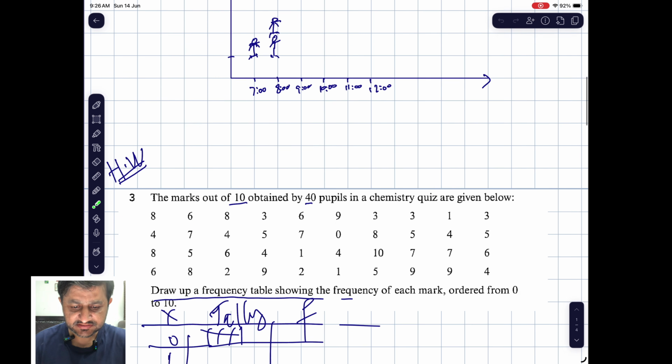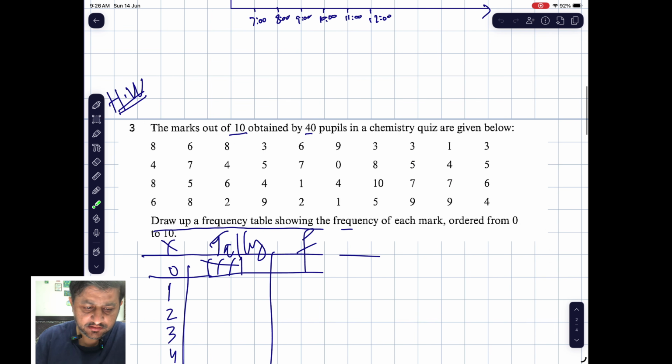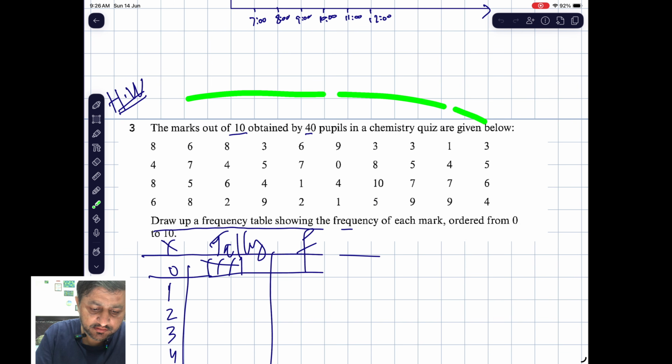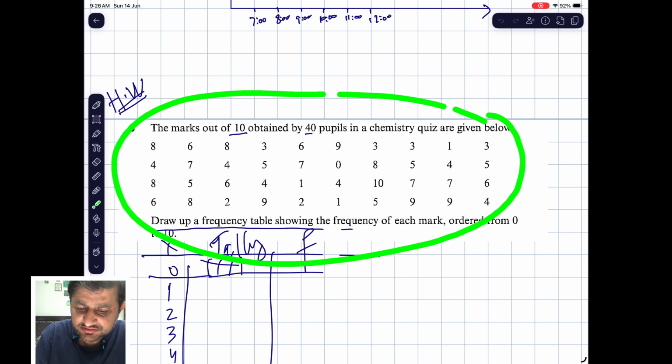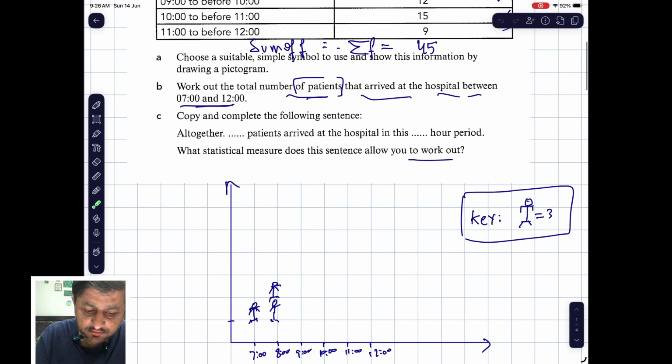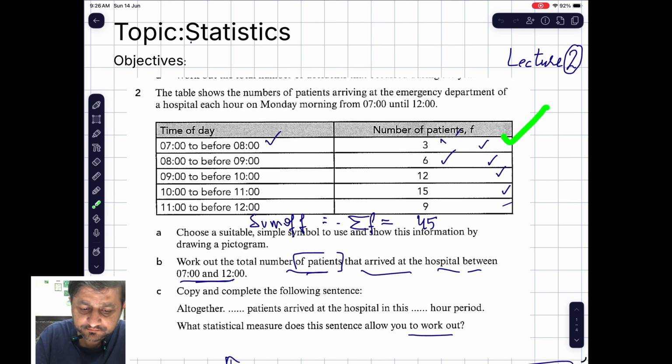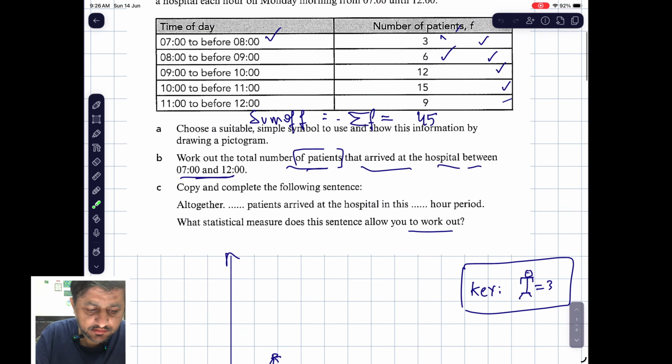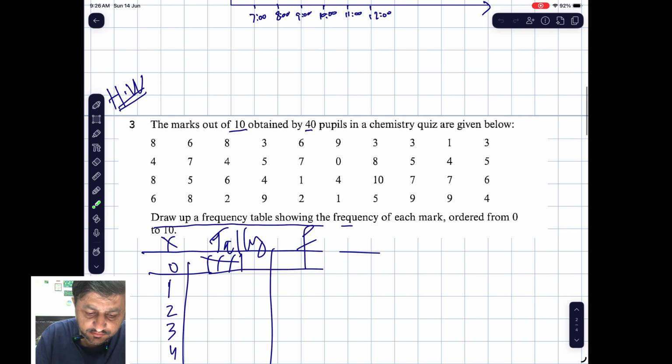Okay, so let's start with the tally marks. You can see 0: maybe the lowest person who got the mark 0, it's just 1. So you can draw one line. Let me remove this.